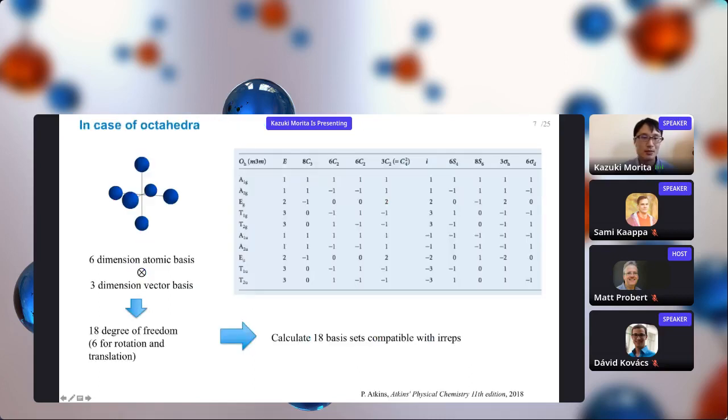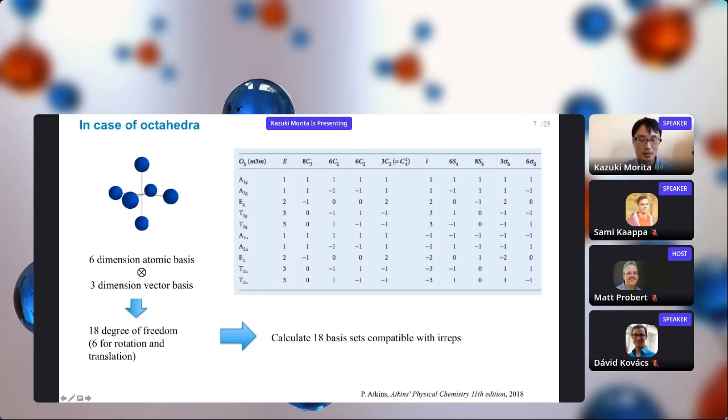Of course, this is based on group theory, so it doesn't have to be octahedra, but I will focus on octahedra for example. Perfect octahedra follow Oh symmetry. This is a so-called character table. These rows are all irreducible representations, and this column is the group operations that leave this octahedra invariant.